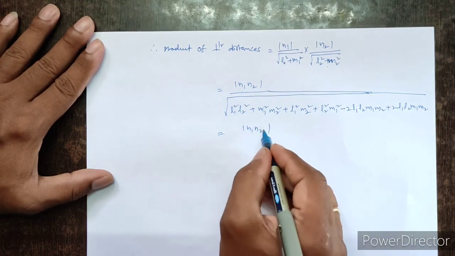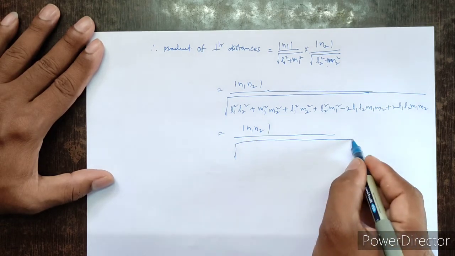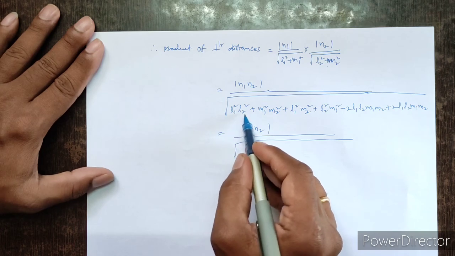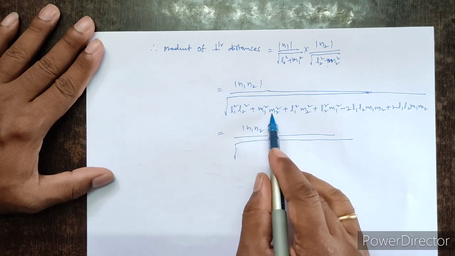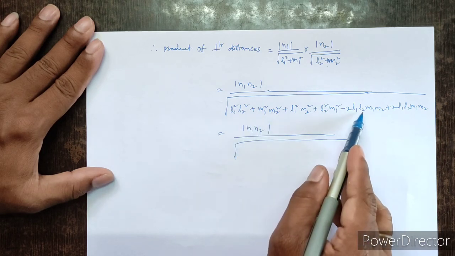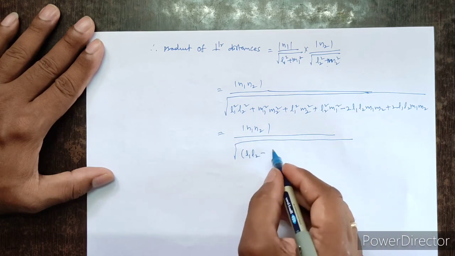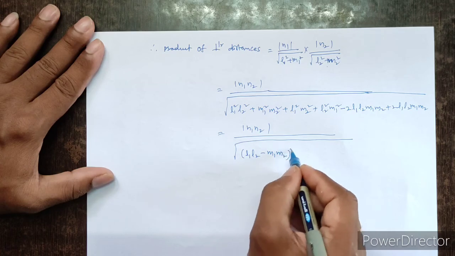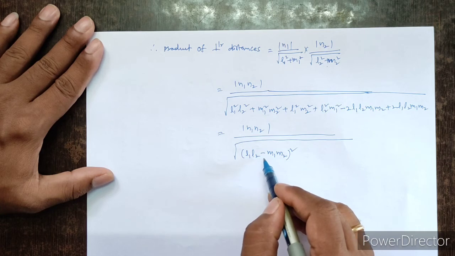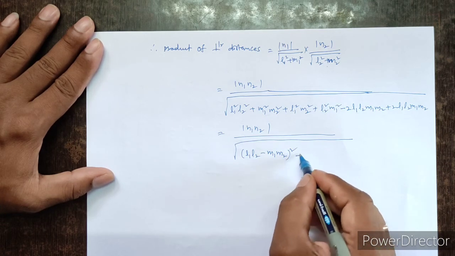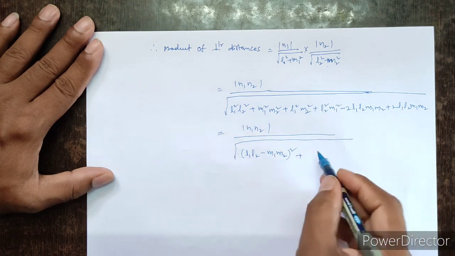Modulus N1 N2 by root of L1 square L2 square plus M1 square M2 square, so a square plus b square minus 2ab there. So you can write (L1 L2 minus M1 M2) whole square. So these terms can be written as (a minus b) whole square plus (L1 M2 plus L2 M1) whole square.